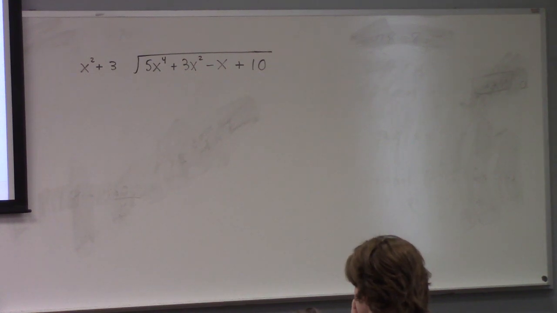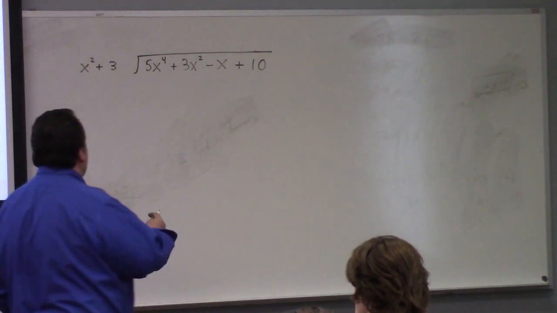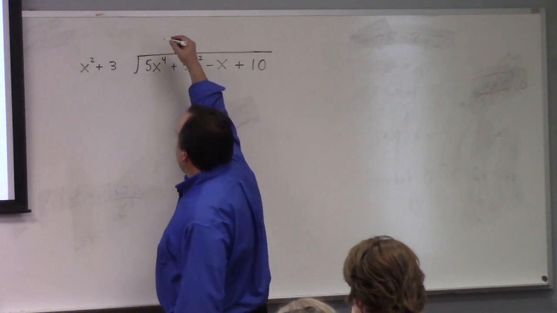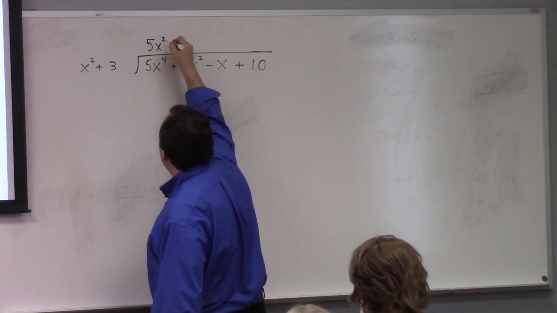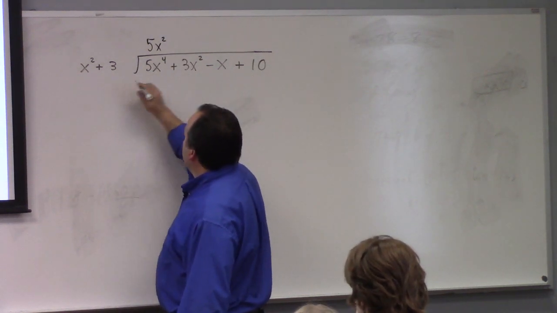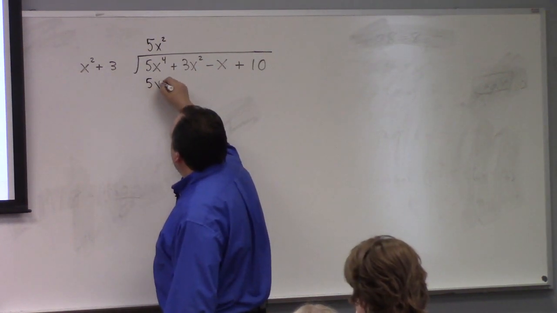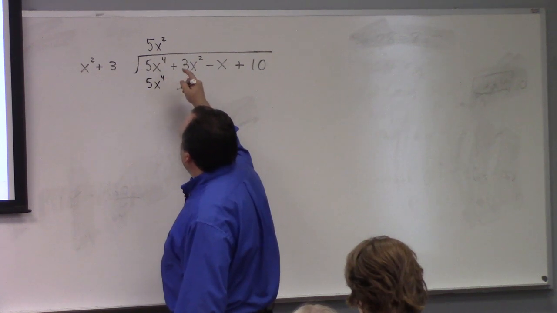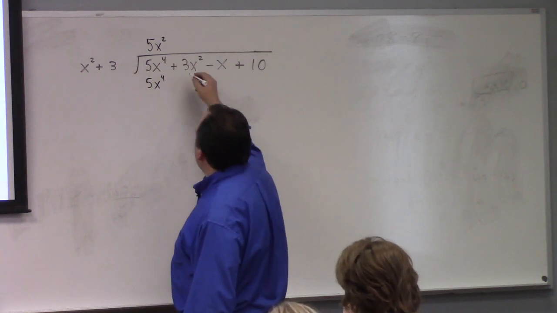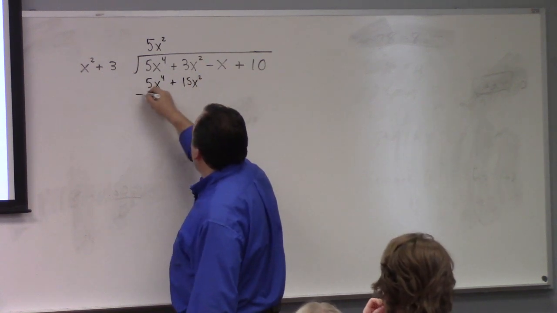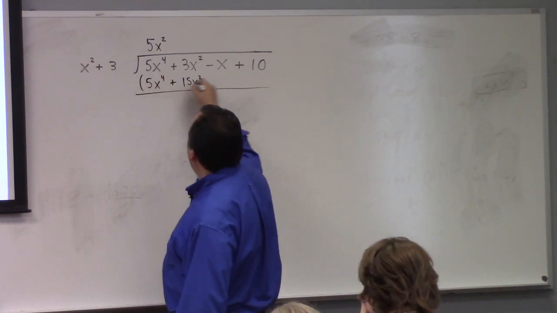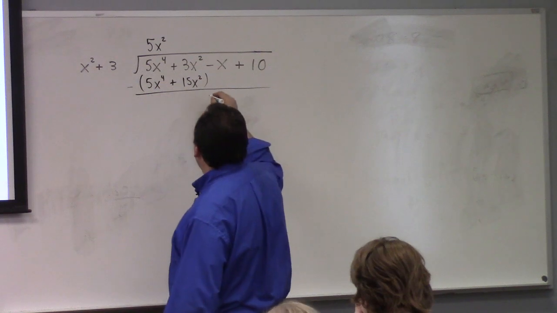All right. So we start out with a 5x squared. So 5x squared times this gives me what? 5x to the 4th, and then plus 15x squared. And then I subtract, right? What's that give me?